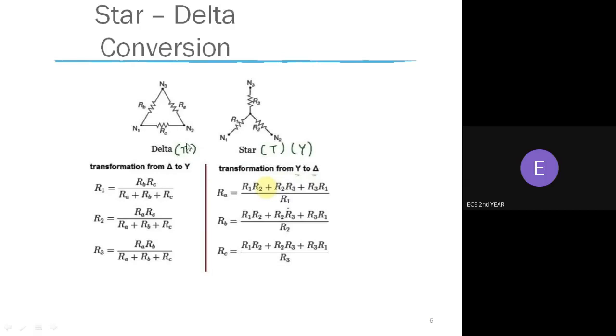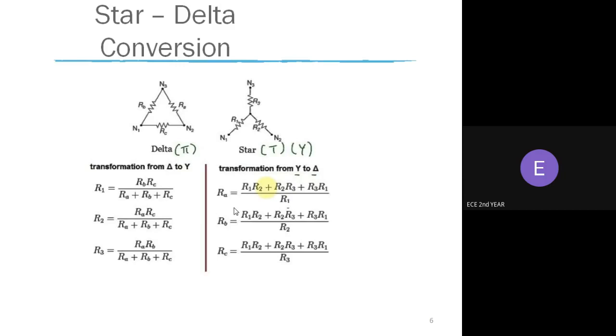Here we will use this formula. The output resistances RA, RB, RC are calculated from the resistances R1, R2, R3 connected in a star connection. The formula is RA is equal to R1 R2 plus R2 R3 plus R3 R1 divided by R1.